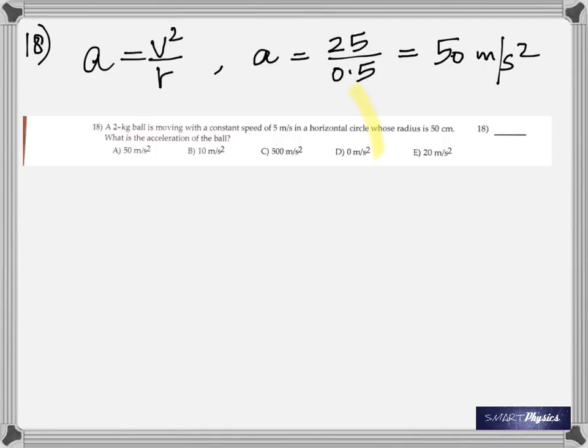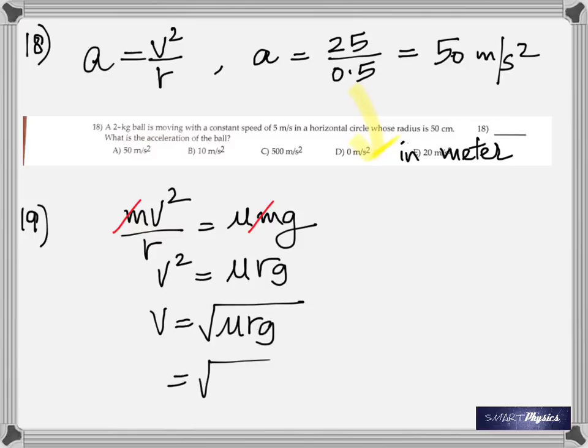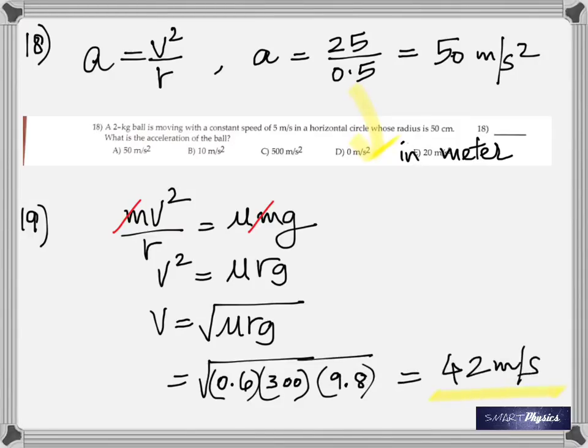Didn't we do that? I thought that was the first or second question. Yeah, same thing. So for 19, we did this. Centripetal force is equal to frictional force, and so you have this formula already. All you had to do was substitute those numbers. 42 meters per second.